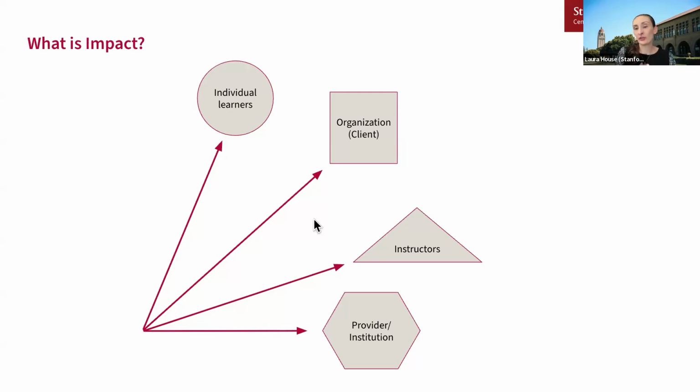Those stakeholders could include your learners, the organization you've created the program for, instructors, your own institution, et cetera. But you'll often see impact measurement being done along only one of these dimensions, for example, measuring whether the client's goals have been met. No matter who you're measuring impact for, it's an intrinsically difficult job. Next, Anindya will talk about some of those challenges.